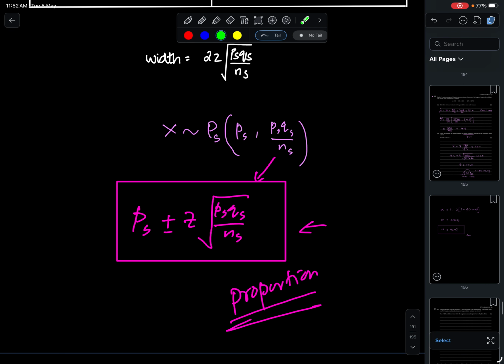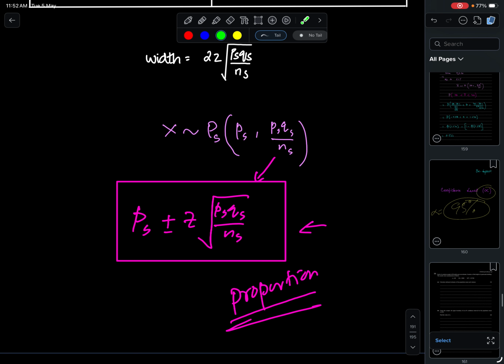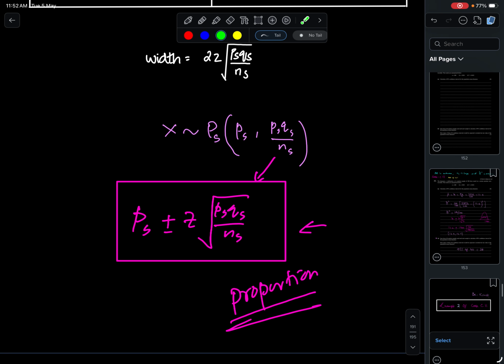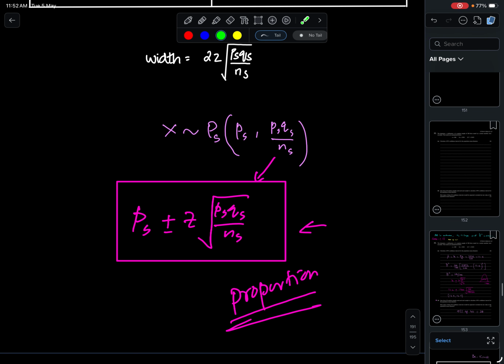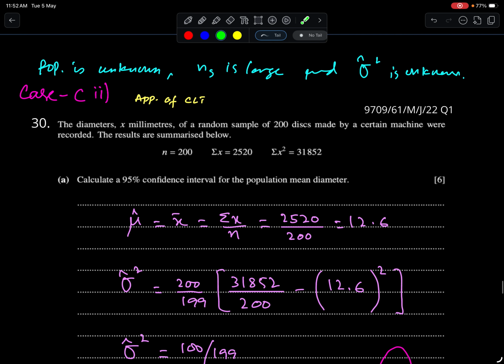Now let's go through some questions. The diameters x millimeters of a random sample of 200 disks made by a certain machine were recorded. Population is unknown, size is large, so application of CLT.